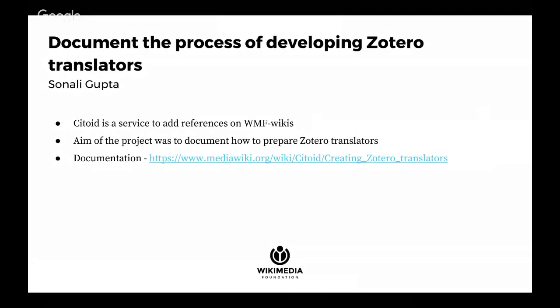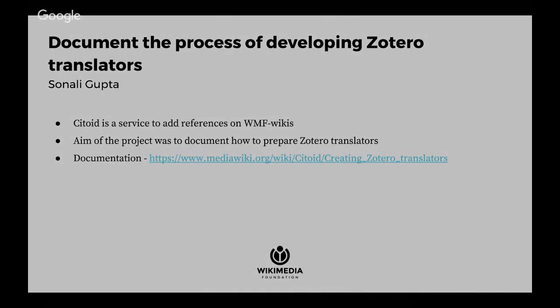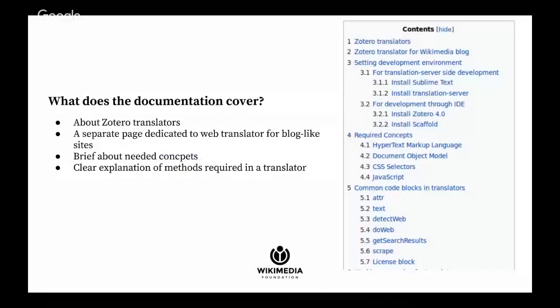Can we switch to the next slide? So I'll just cover what all the documentation has. First, we go about knowing what Zotero translators are, and then for the people who would like to learn how to write translators through an example and skip all the tutorial, I have created a page that has a translator for Wikipedia blog, and then there is a section that covers all the concepts that are needed before you jump into writing code.